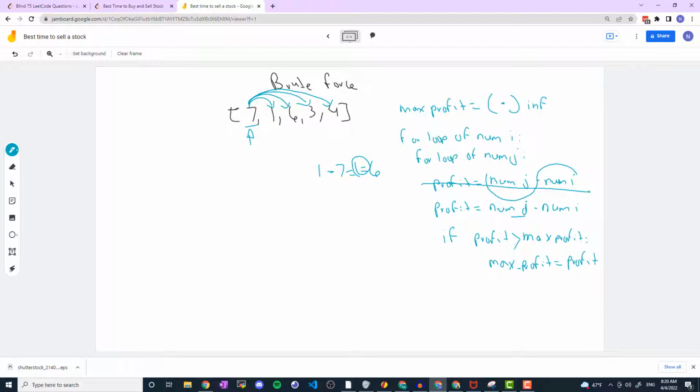When we complete our routine, remember we cannot return negative numbers. So if max profit is less than 0, we return 0, else we return the value of max profit.